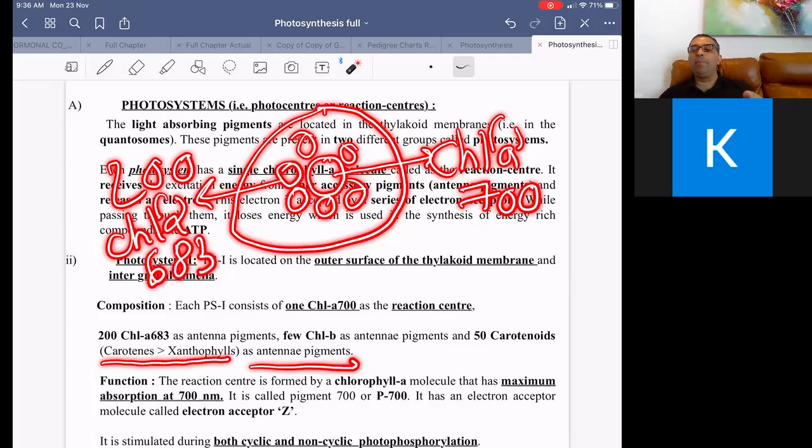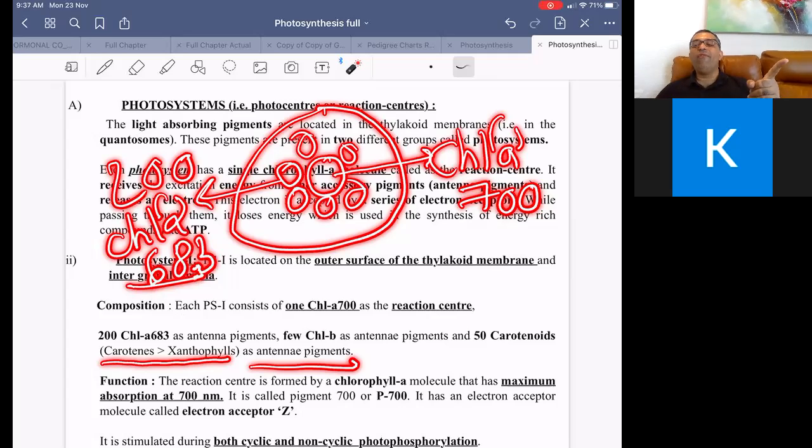Now what does 683 mean? कि at 683 nanometer wavelength, chlorophyll A 683 loses its electron. तो याद है 660 से 760 is red light. तो उसमें chlorophyll A 683 कौन से रेड लाइट के वेवलेंथ पे एक्साइट होके अपना इलेक्ट्रॉन डोनेट करेगा? 683 nanometer wavelength.